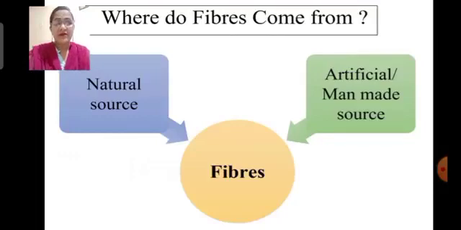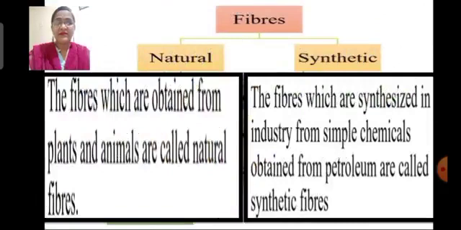Then we discussed the next topic, where do fibers come from? We get fibers from two sources, natural sources and artificial sources, or we can call this man-made sources. Then we have seen the definitions of natural fibers and synthetic fibers.